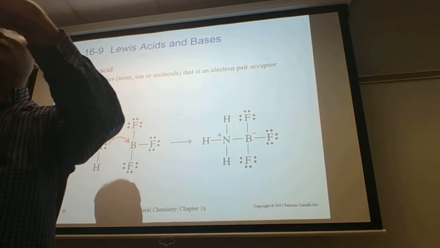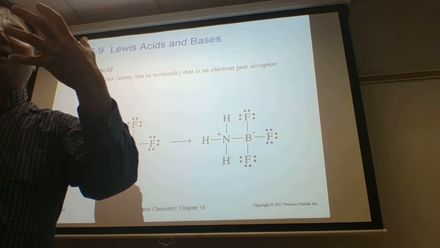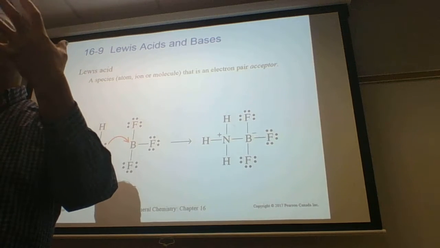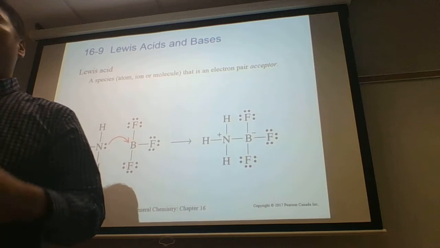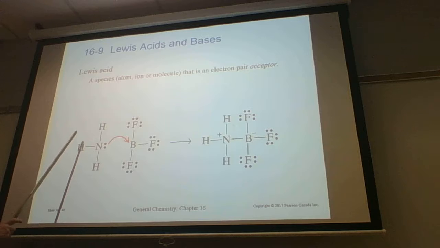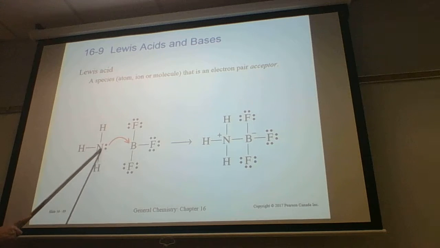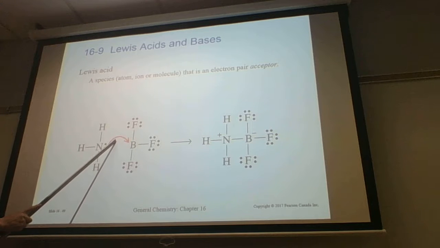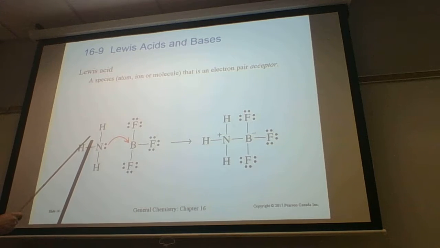If there's good overlap, then it's strong. If there's poor orbital overlap, then it's not good. The best match is if one of these species has an orbital like this and the other species has a comparable orbital, and then we get good orbital overlap.